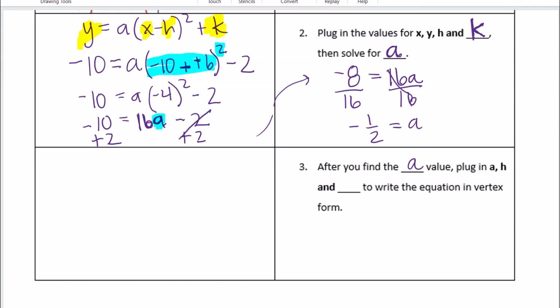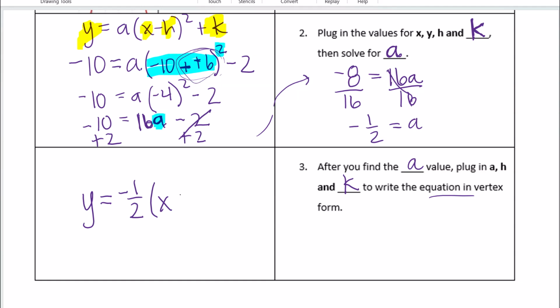So step 3 is after you find the a value, we're going to plug in a, h, and k to write the equation. So now when we plug it in, we're going to leave y as y and x as x, because we want to write the equation. So y equals, I put my a, which is negative 1/2, times x.